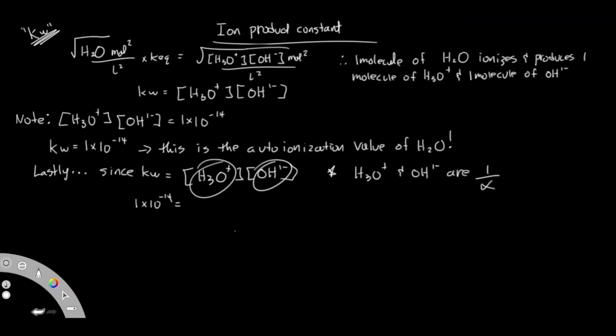What are their specific values? Maybe I'll just put a question mark here. What are their specific values? Well, what times what is going to give you 1 times 10 to the negative 14? Of course, it's just going to be 1 times 10 to the negative 7.